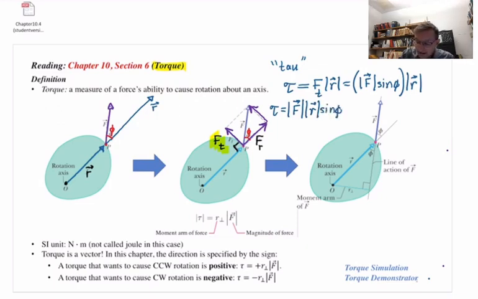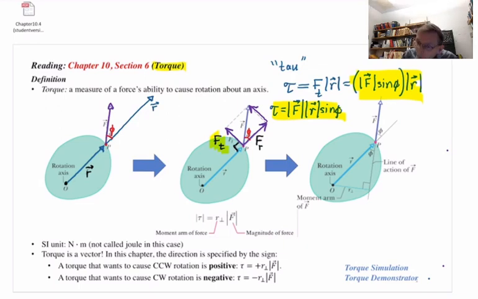Because those are each just scalar quantities multiplied together, there are three of them, magnitude F and magnitude R and sine phi, you can multiply them in whatever order you want. So then I get this expression right here. So far, that's my working expression for how to calculate the torque due to the force you see in that picture.